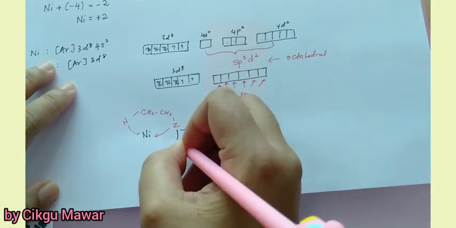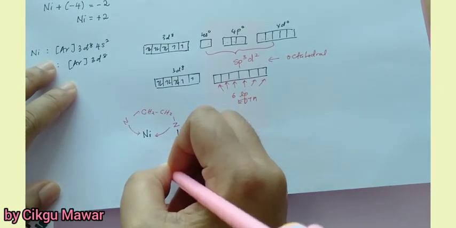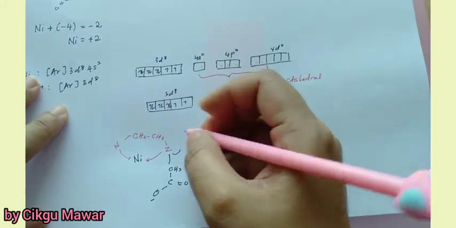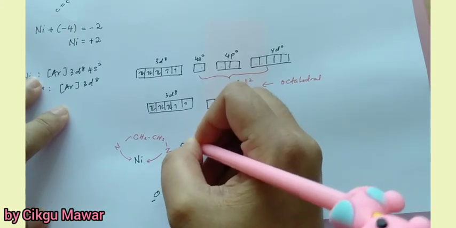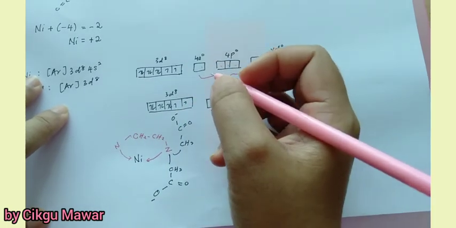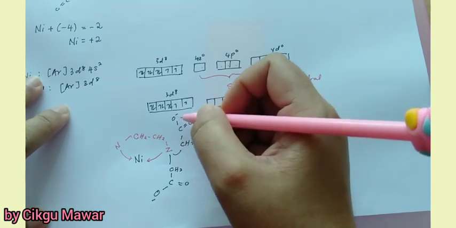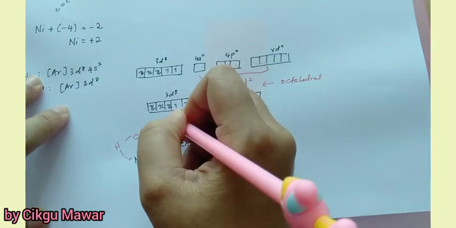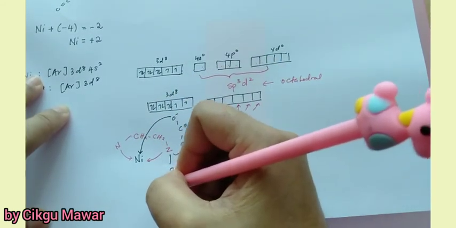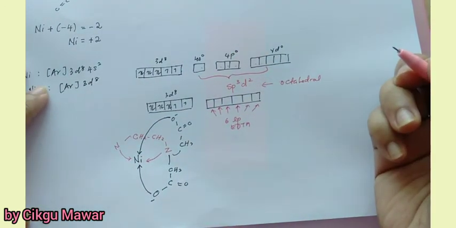It has CH2, and C double bond O, and O minus. The same goes for this side, which also has CH2, C double bond O, O minus. This O has a lone pair, so we donate the lone pair to the nickel, 1, and from here 1.